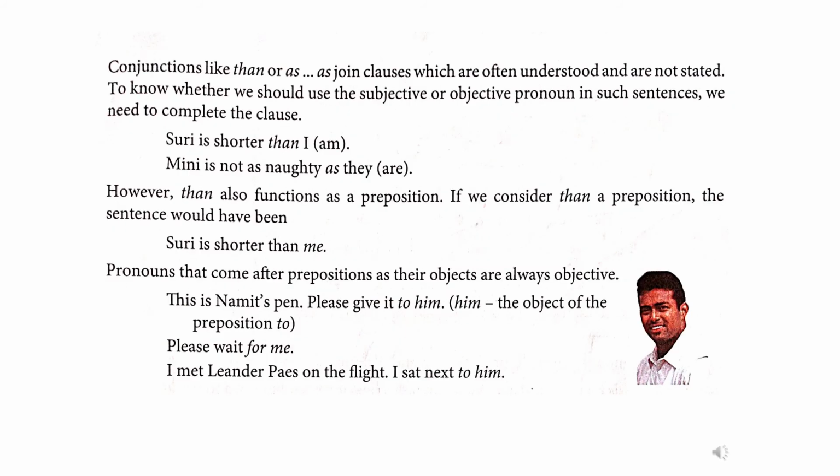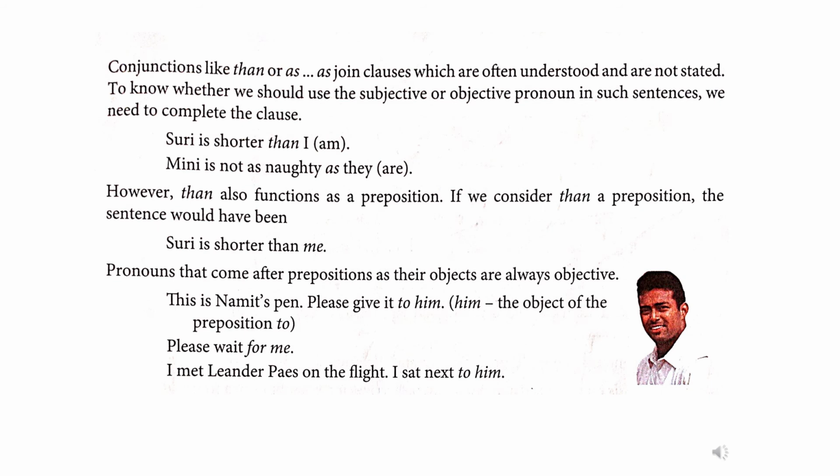Conjunctions like than or as join clauses which are often understood and are not stated. To know whether we should use the subjective or objective pronoun in such sentences, we need to complete the clause.